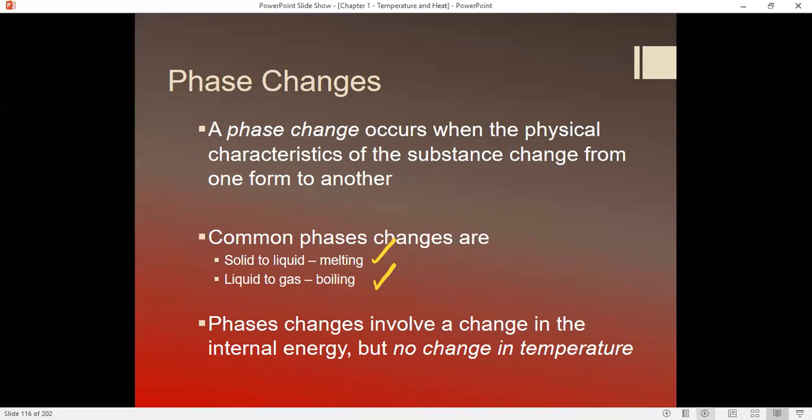And again, phase changes involve a change in the internal energy, the change in the potential energy, which is related to the bonds between atoms and molecules. But it's important to understand that there's no change in temperature as a phase change is taking place.